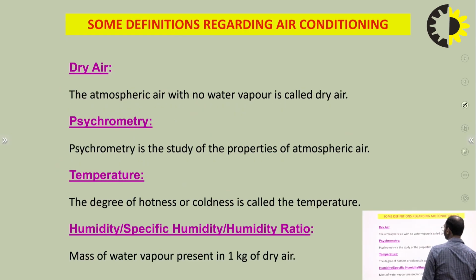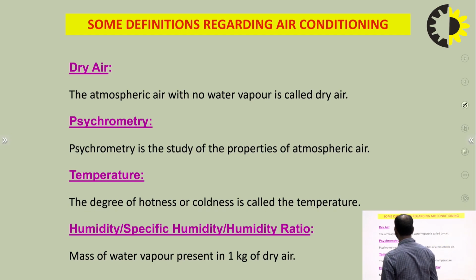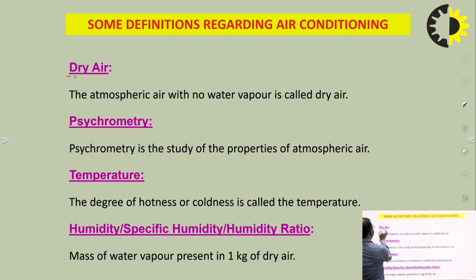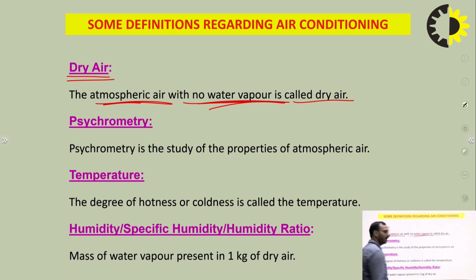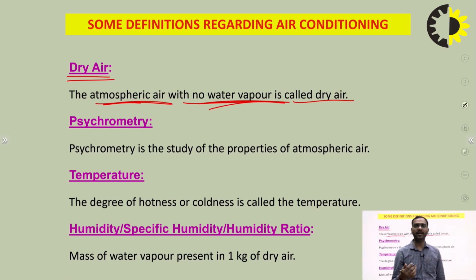Then I will discuss some important definitions regarding air conditioning. The first one is dry air. What is dry air? The atmospheric air with no water vapor content is called dry air.